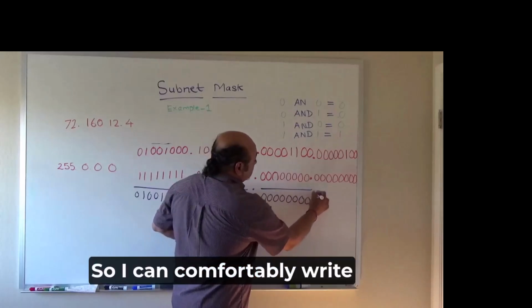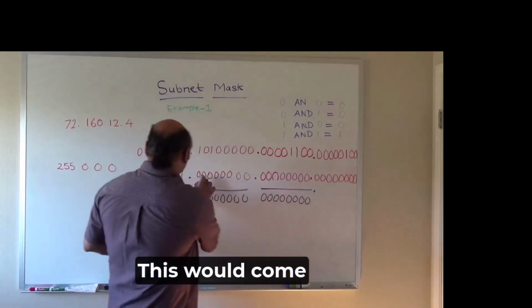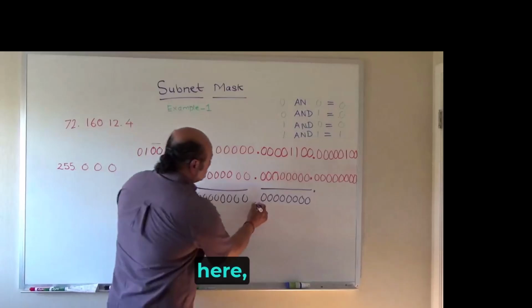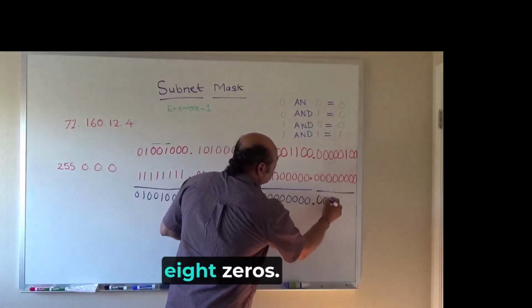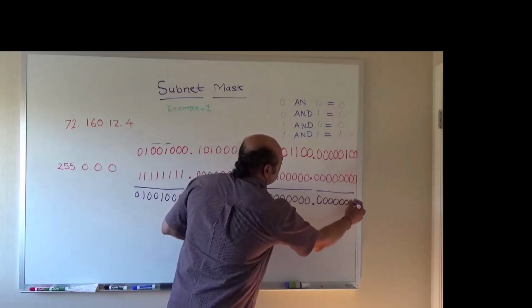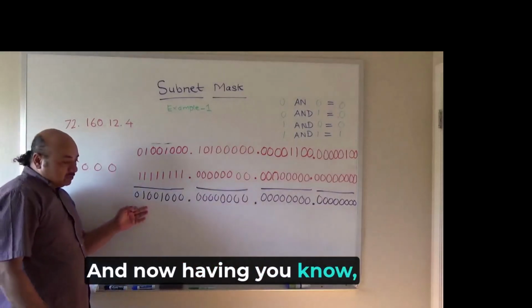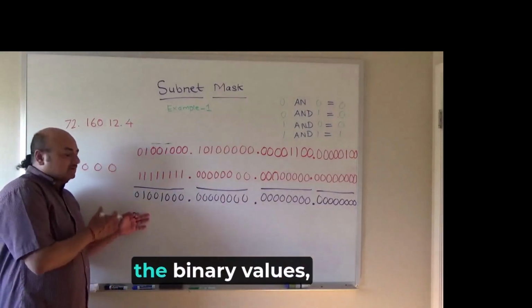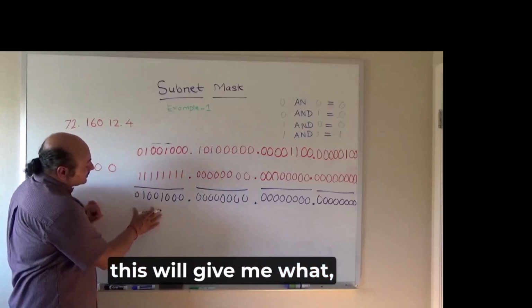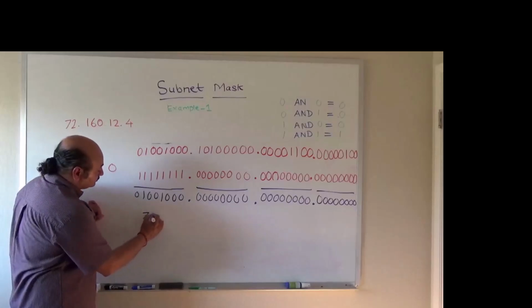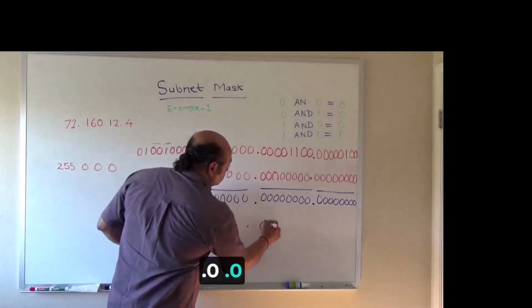So I can comfortably write it down as this. Okay, this would come here, and this would be here, and this would become 8 zeros. And now, having derived the binary values, if we convert them into decimal, this will give me what? 72.0.0.0.